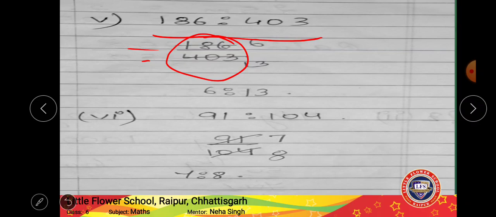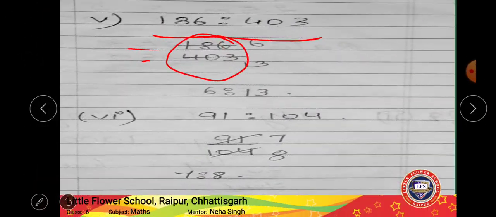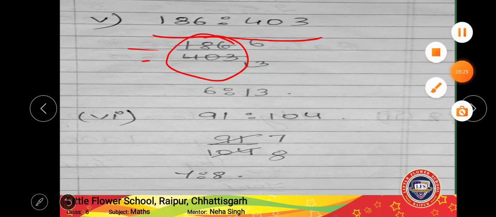We'll check for 2, it is not divisible by 2, right? We'll check for 3, it is not divisible by 3. 4, 5, is it divisible? Keep on checking, right? You can check for the table of 13, 14.